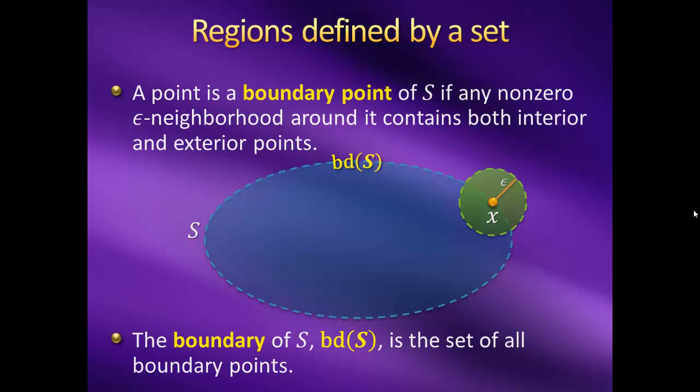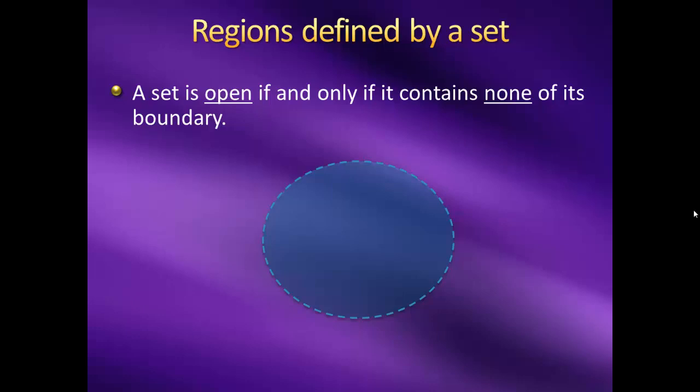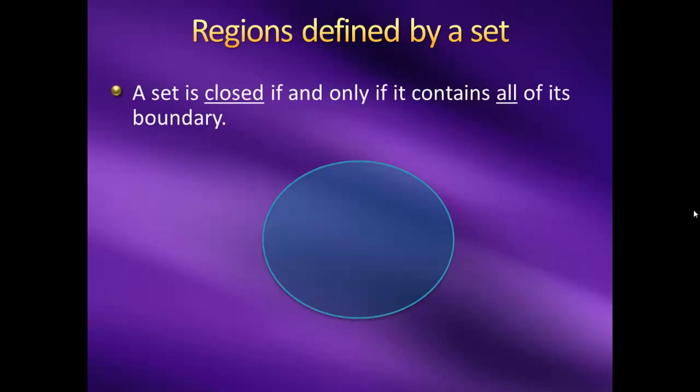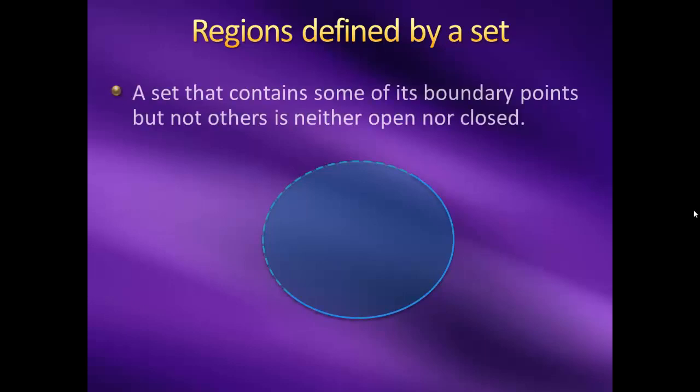We can say that a set is open if and only if it contains none of its boundary points. On the other hand, a set is closed if and only if it contains all of its boundary points. If a set contains some of its boundary points, but doesn't contain others, then it's neither open nor closed.